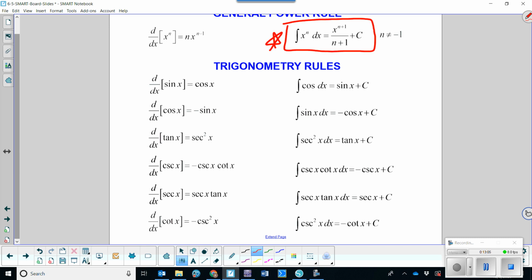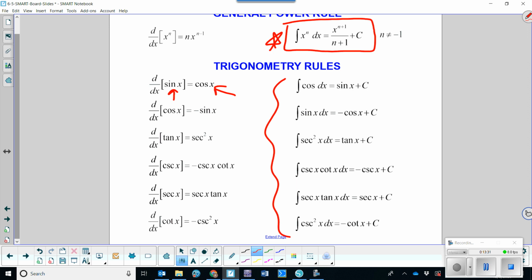And that's the power rule. So you take your power and you add 1 and you divide by that new power and then plus c. That's what you do to do the antiderivative. When you look at all of these functions, notice that it says, what's the integral of cosine? Well, what did I take the derivative of to get cosine?